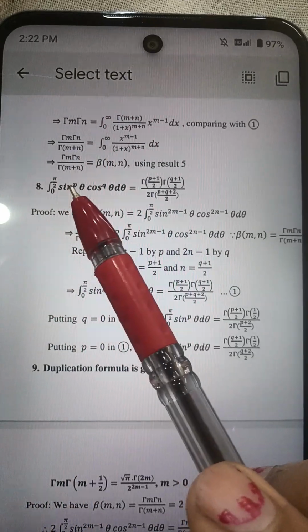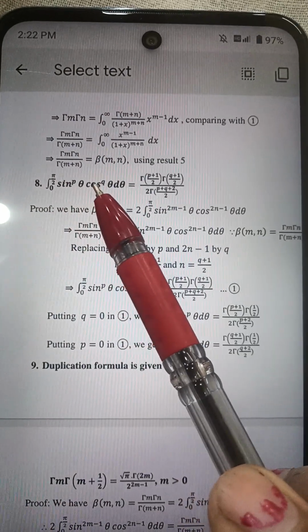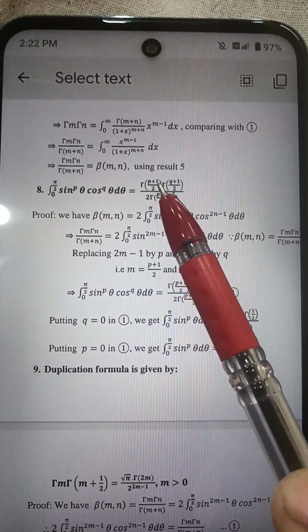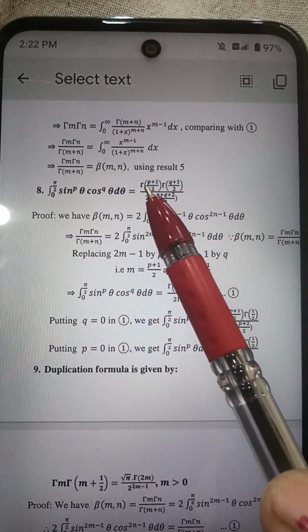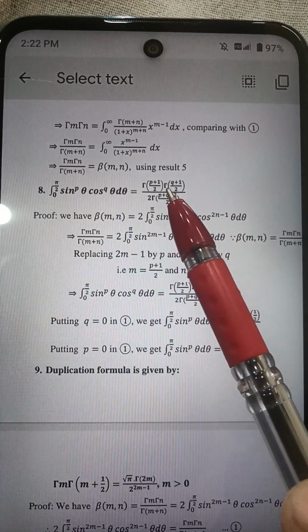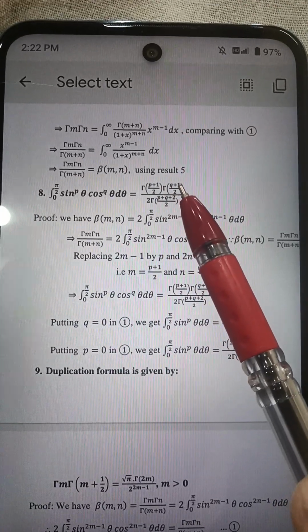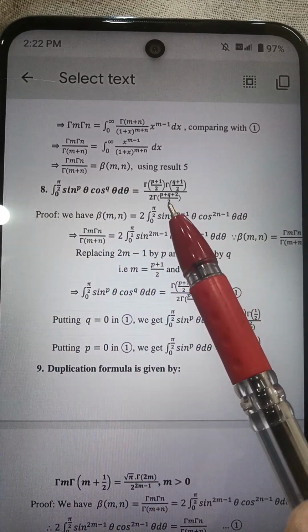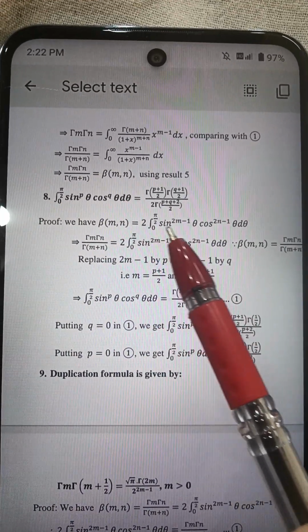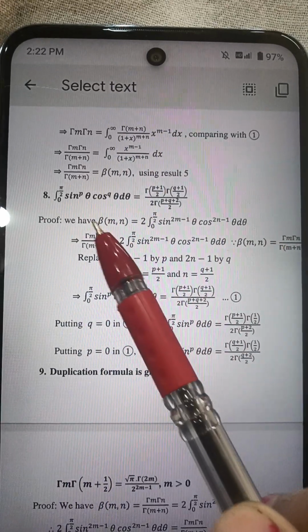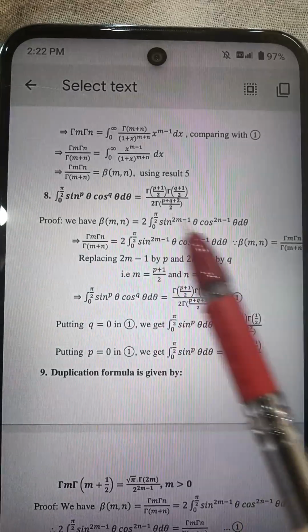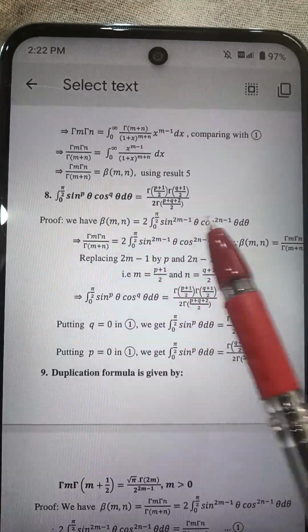The integral from 0 to pi by 2 of sin^p theta cos^q theta d theta is given by factorial (p+1)/2 factorial (q+1)/2 upon 2 factorial (p+q+2)/2. As we know, beta function in trigonometric form is given like this.